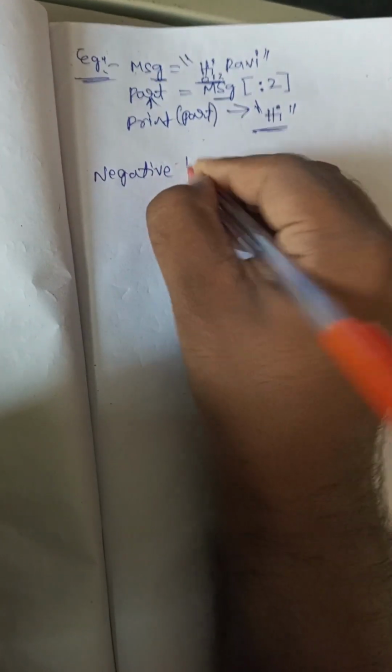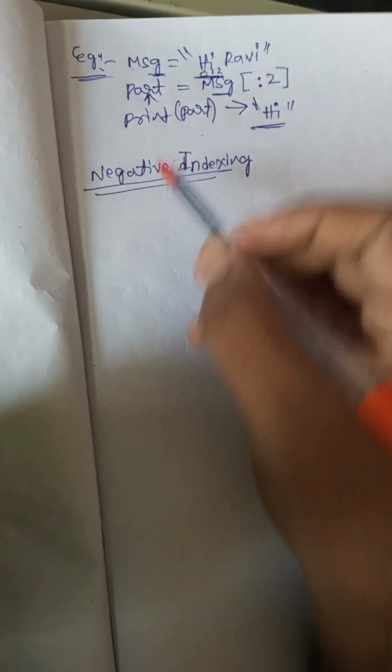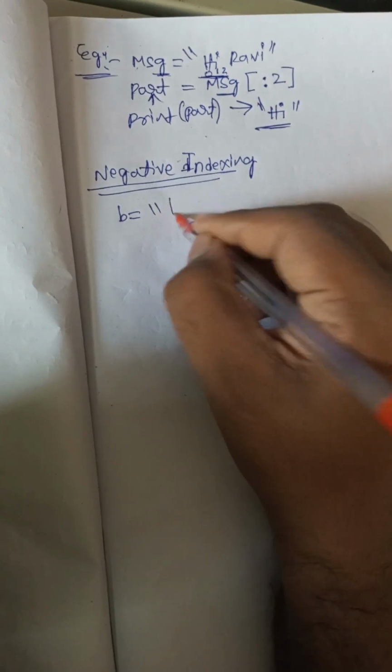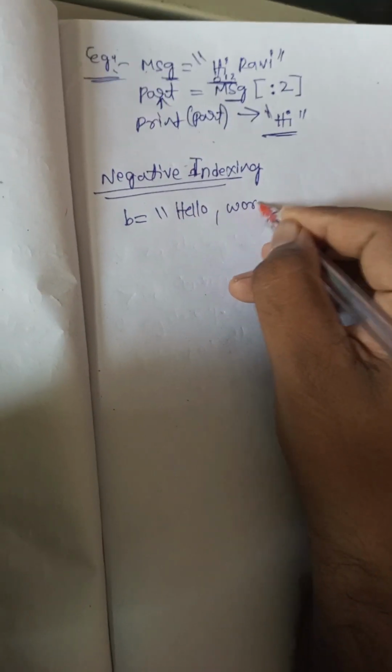Next is negative indexing. Using negative index to start the slice from the end of the string. See, suppose I am taking b as "hello Varan".